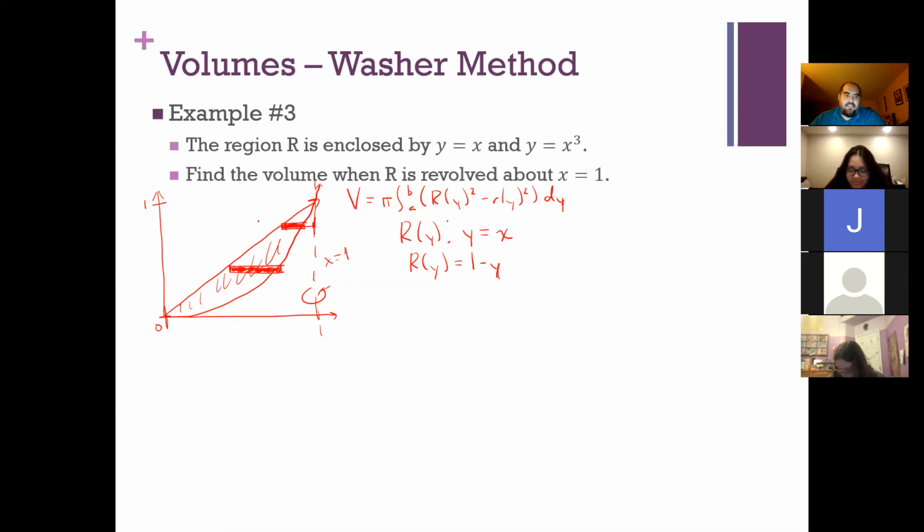This line is x equals y. So it stands to reason that that difference is going to be basically x max minus x min. In fact, I'll even write that. x max minus x min, which is going to be 1 minus y.